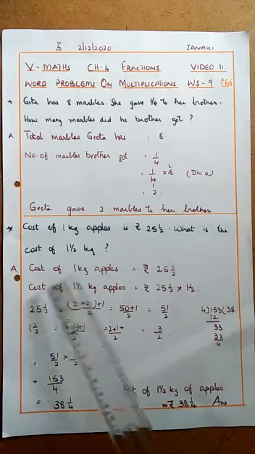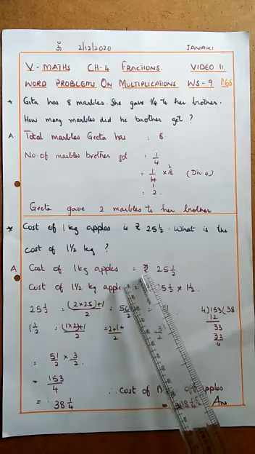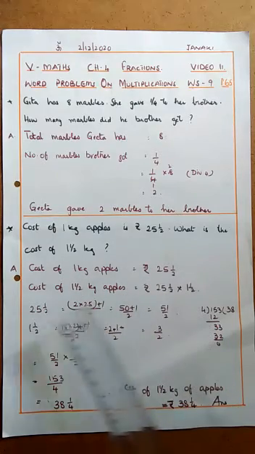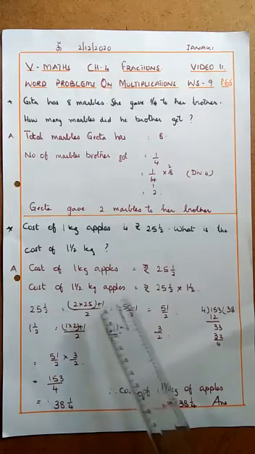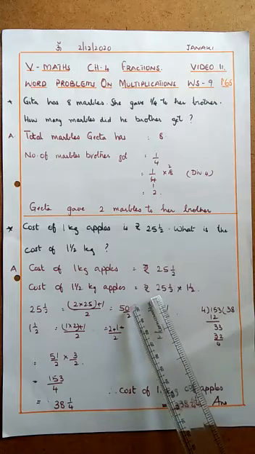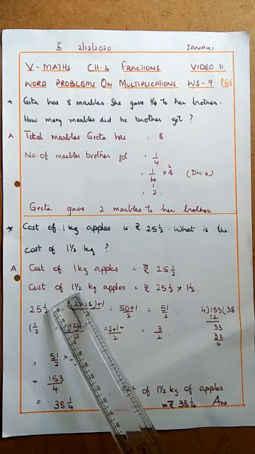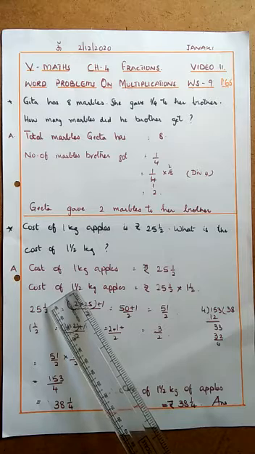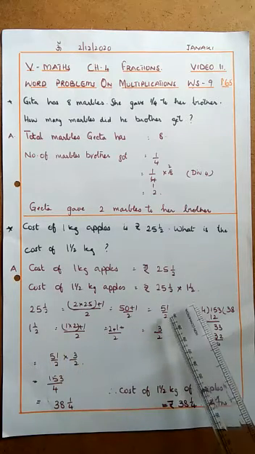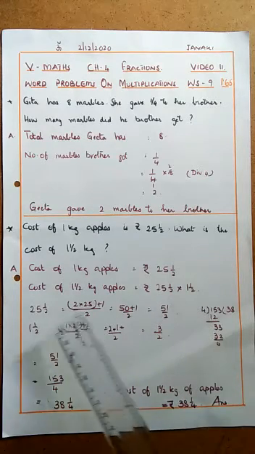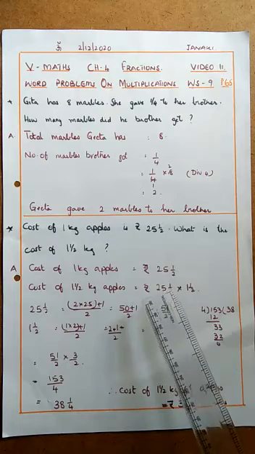Now let us see. Cost of 1 kg apples, 25.5 rupees. Cost of 1.5 kgs will be 25.5 rupees into 1.5, because we want the cost of 1.5 kgs. So multiplied by 1.5. Now both are mixed fractions.